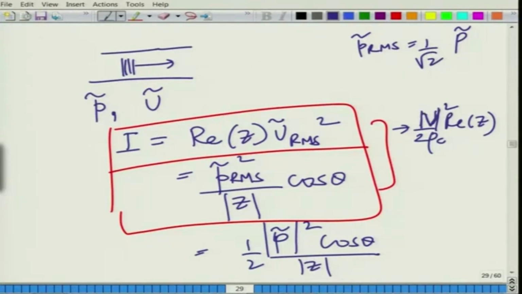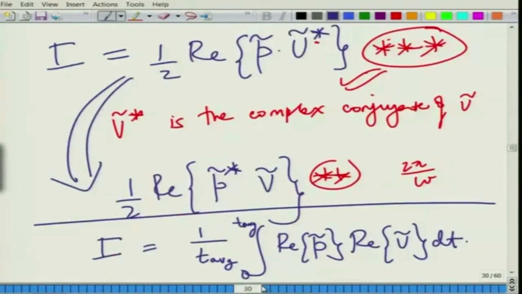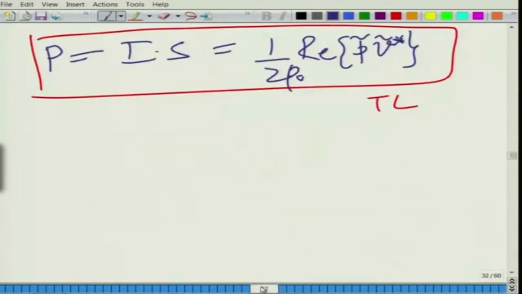The point is we will use these expressions for the insertion loss, and particularly this one for the transmission loss computation. So with this background or recap of the acoustic power relations with pressure and velocity, we are in a good position to talk about the development of expressions for computing the insertion loss, transmission loss, and so on. So let us begin with the IL first.